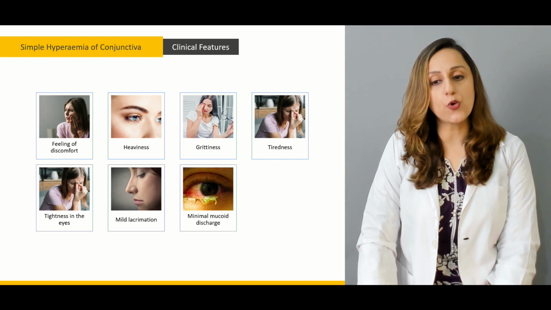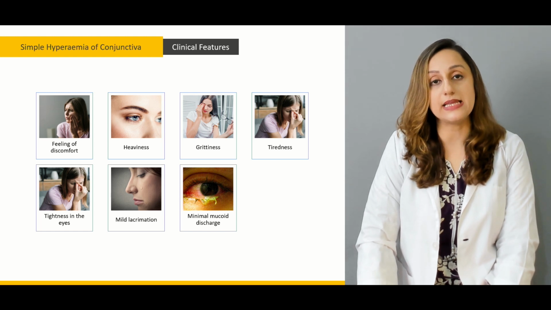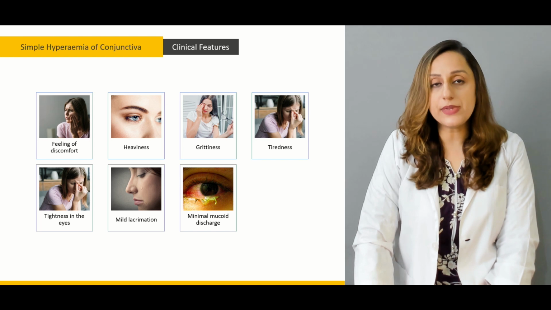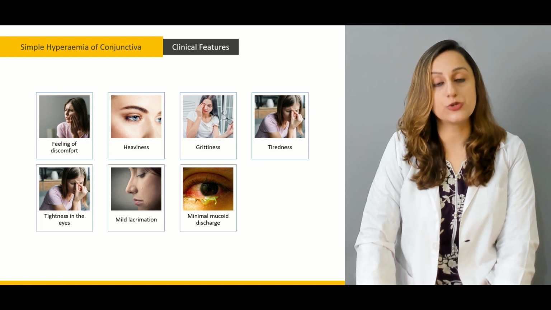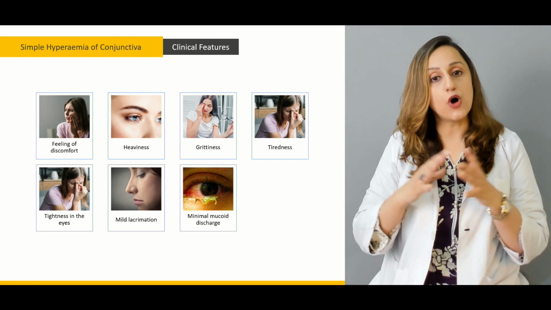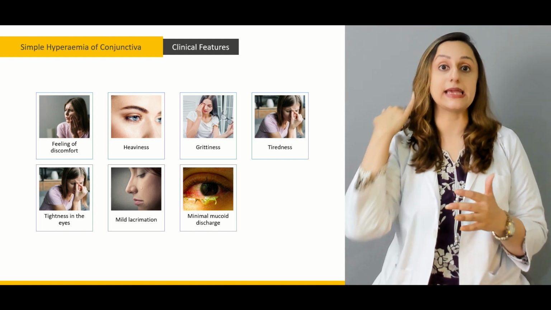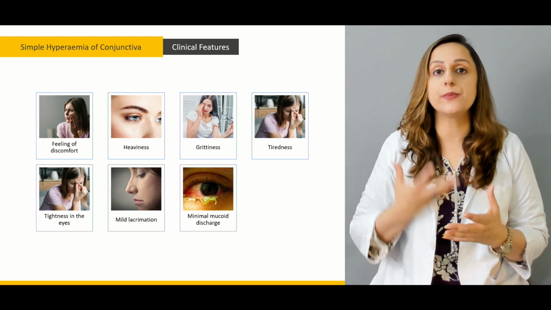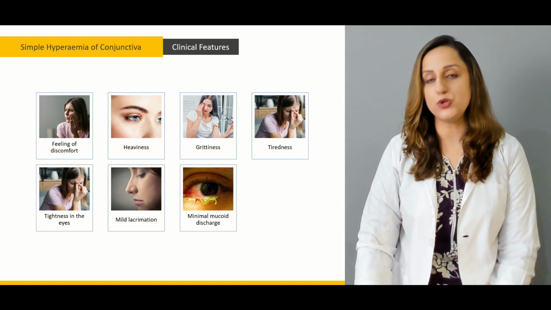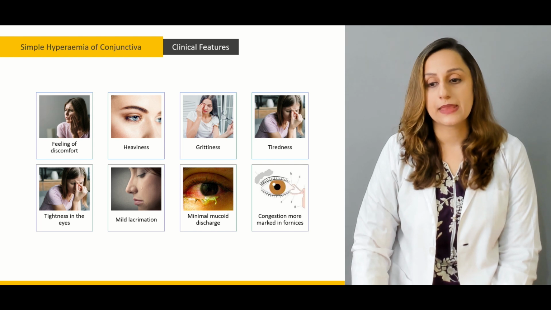Then minimal mucoid discharge is sometimes seen, and when it is seen, it means that there is a superimposed infection. The simple hyperemia of the conjunctiva would never have a mucoid discharge, but if it is a prolonged case of simple hyperemia of conjunctiva, then it can be coupled with superimposed infections, and that would sometimes lead to this minimal mucoid discharge, and again, it would be sticky in nature.